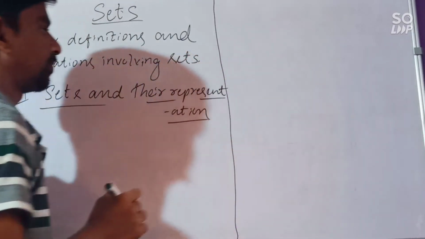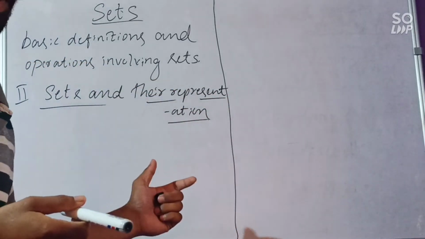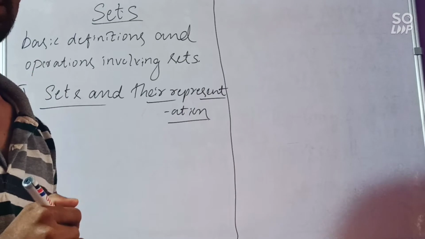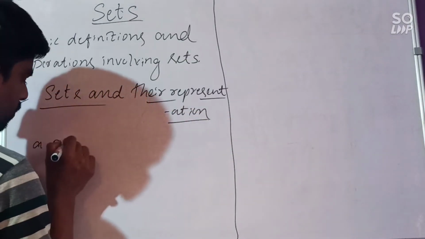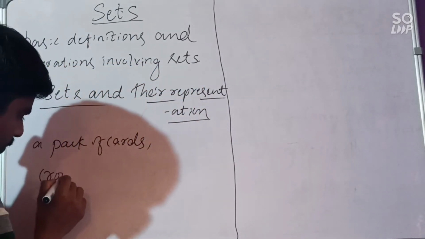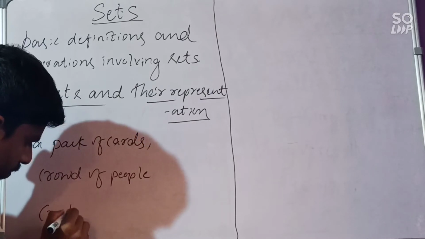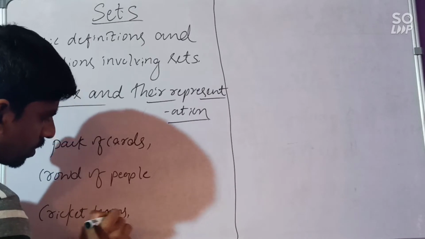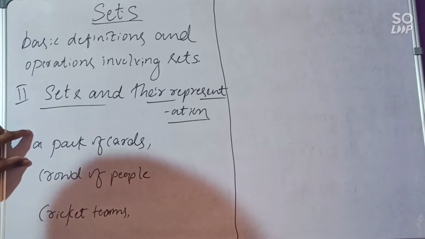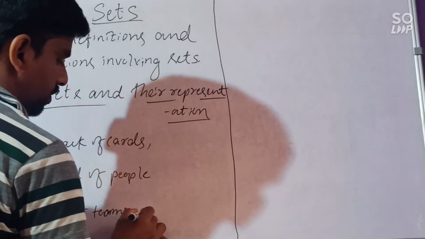In everyday life, that is in real life, we often speak of collections of objects of a particular kind, such as a pack of cards, a crowd of people, a cricket team, and so on.